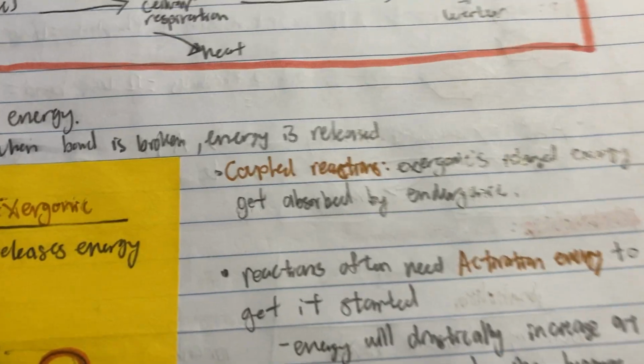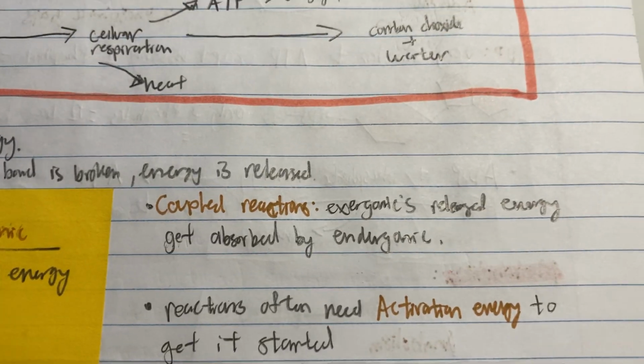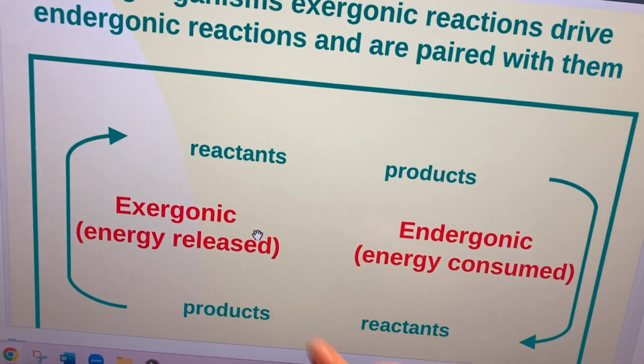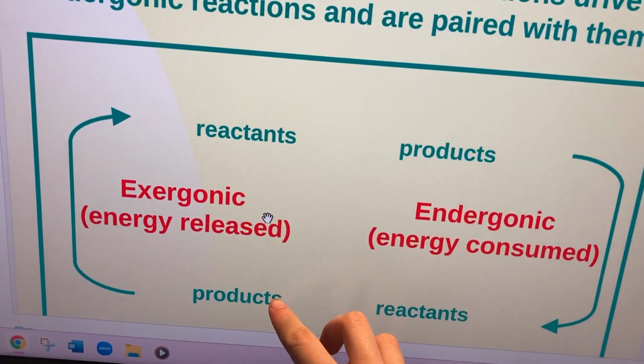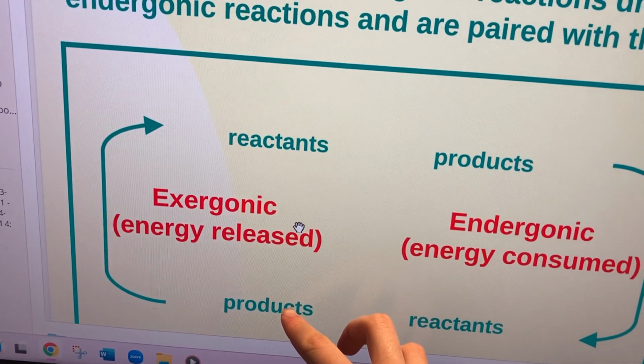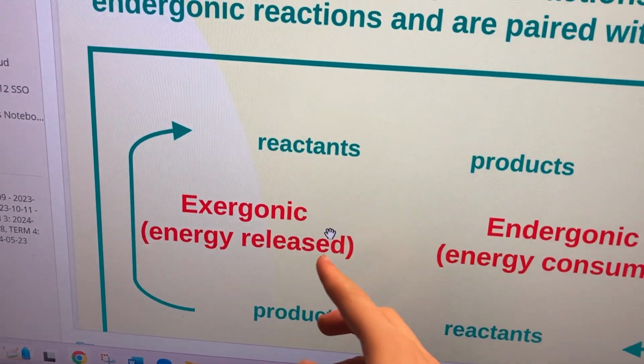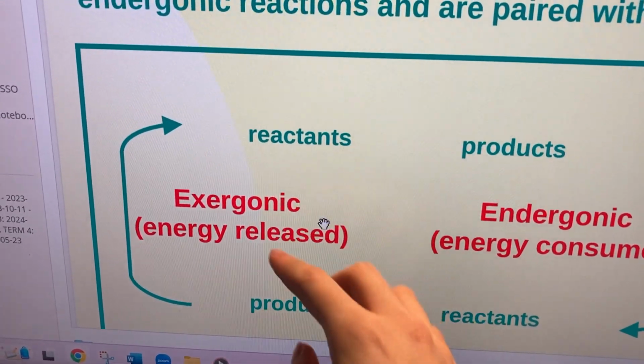Now let's talk about coupled reactions. It's basically like a cycle. This over here would be a coupled reaction. We have a product, right? And then we go through an exergonic reaction, in which energy is released.